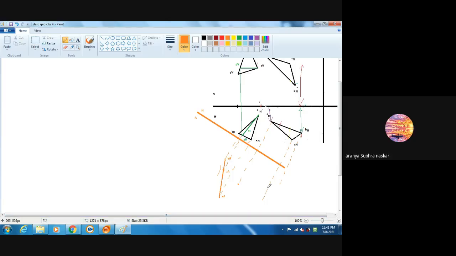Next is C, a bit nearer. And B, more near. And let me join this somewhat like this. You are going to see, man, what will happen.